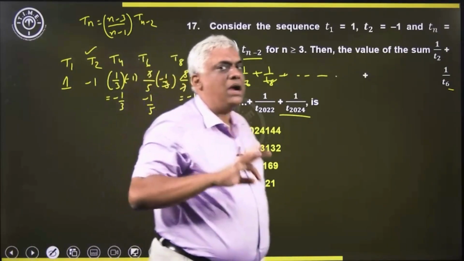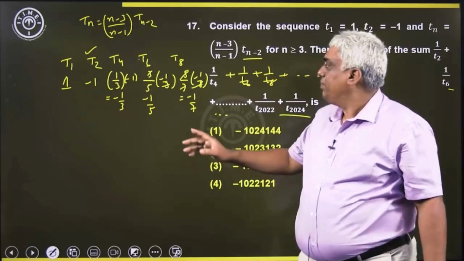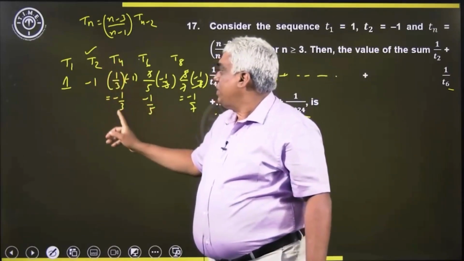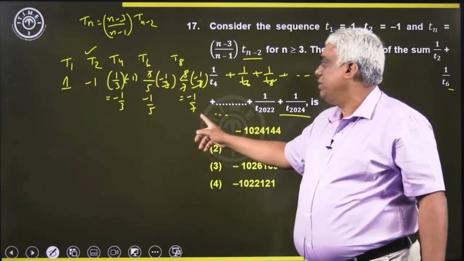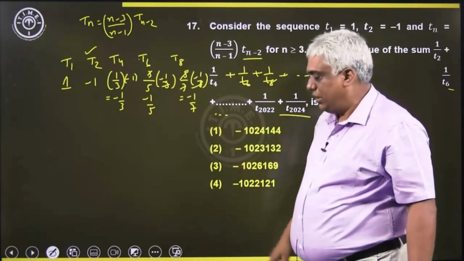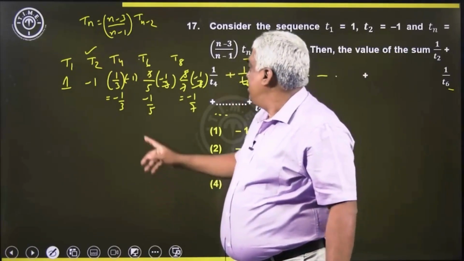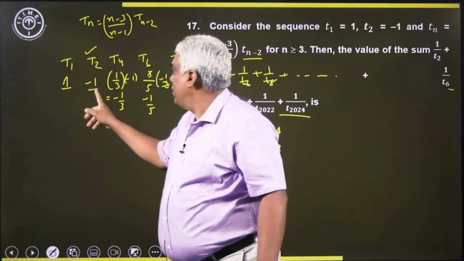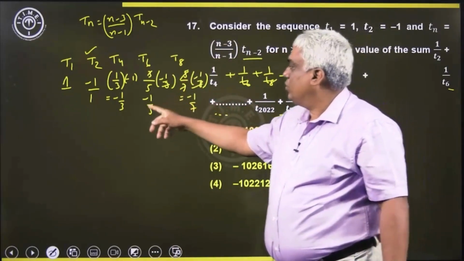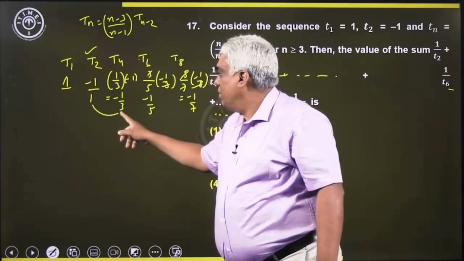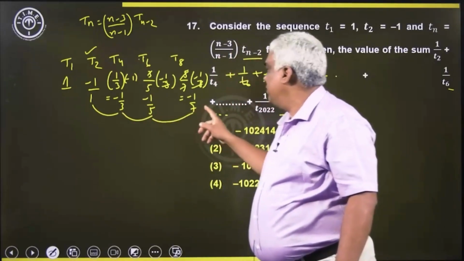So, we got a pattern: T4 is minus 1/3, T6 is minus 1 by 5, T8 is minus 1 by 7, and T2 we can say is minus 1 by 1. So, minus 1 by 1, minus 1 by 3, minus 1 by 5, minus 1 by 7, the denominator increasing by 2, like that.